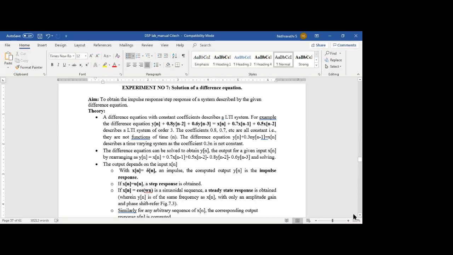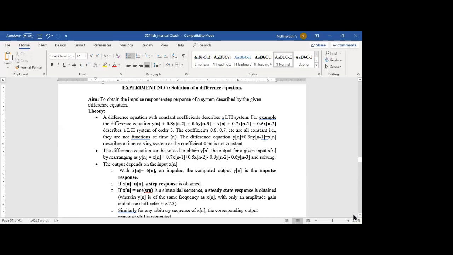Yes, sir. Okay, so I can get any type of output. Of course, my output is depending upon the input itself. So depending upon what type of input you try to give, my output will vary. Okay, so if my output should be an impulse, of course, my input should be an impulse.